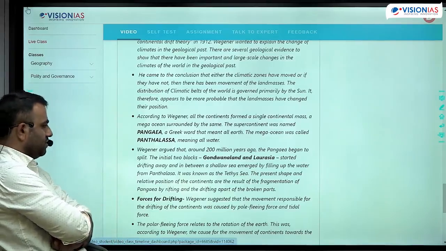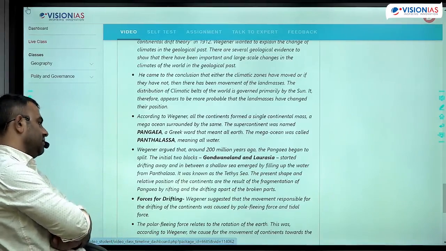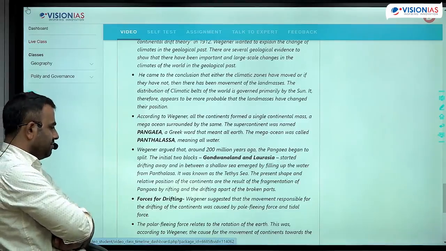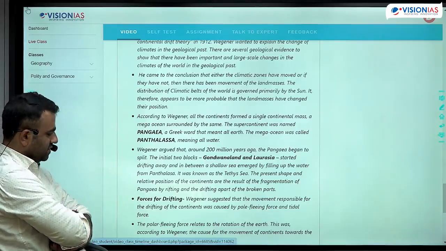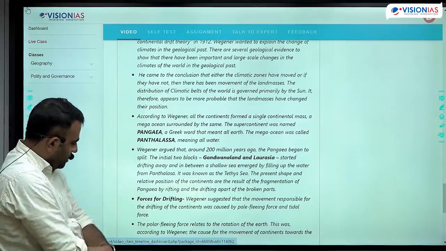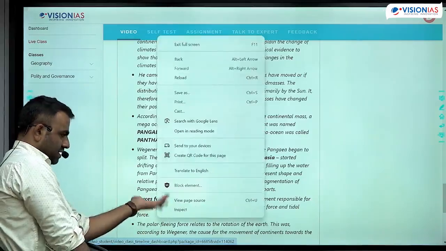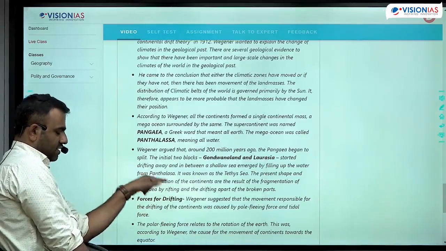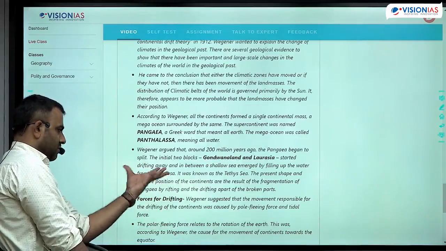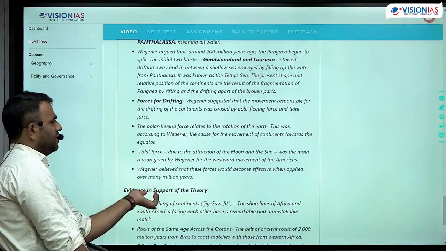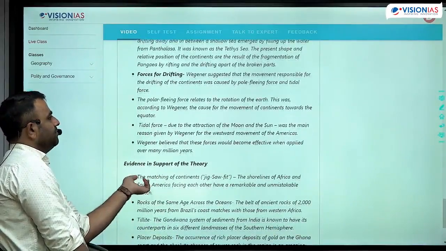Okay, Pangaea got separated into Gondwanaland and Angaraland, and Angaraland was Laurasia. Between them came Tethys Sea. So it started to widen, and then north-south drift developed, which separated North America, South America, and then India and Antarctica and Australia also got separated. All of them started to drift in different directions, causing the present movement. That is what his idea is.